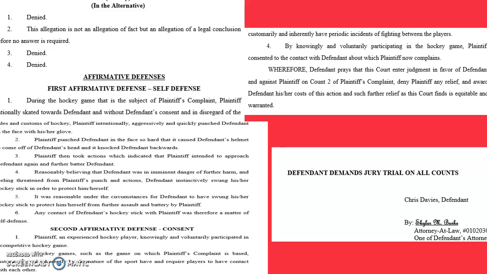And then this is where in the second count of battery, Chris Davies is denying all allegations, and then he raises more affirmative defenses, stating that he was defending himself. And then his second affirmative defense is that there was consent when Pat Dunn stepped into that hockey arena.